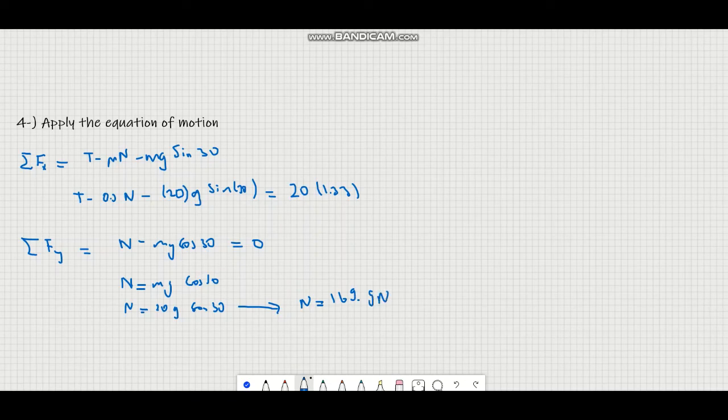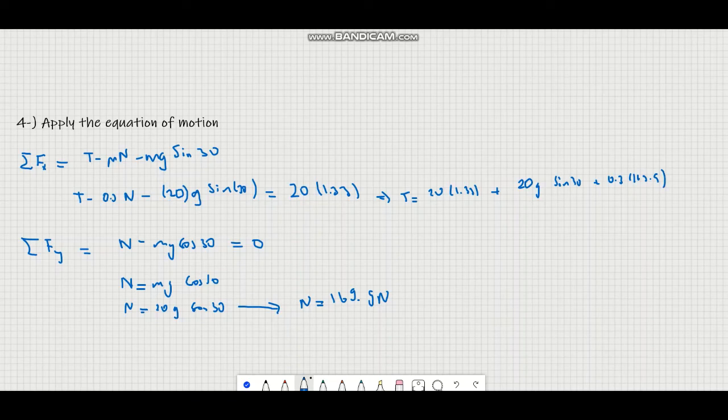So if I bring this N here, T is equal to 20 multiplied by 1.33, plus 20 g sine 30, and plus 0.3 multiplied by N, which is 169.9.